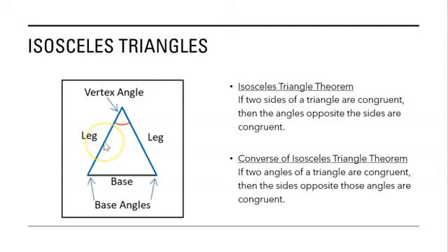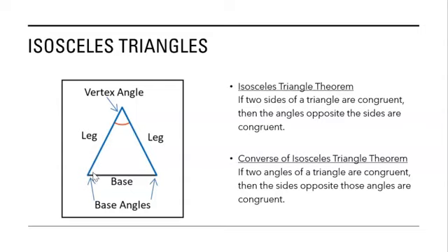That means if I know that this leg is congruent to this leg, making it isosceles, then I can look at these base angles, this one here, and this one over here, and I know that those angles are going to be congruent. Oftentimes I take the congruent symbol and draw an arrow pointing to this angle. Then I take the congruent symbol that would be right here, draw an arrow, and it's going to point to this angle, and those are the 2 angles that are going to be congruent.